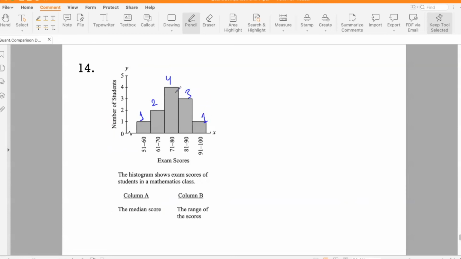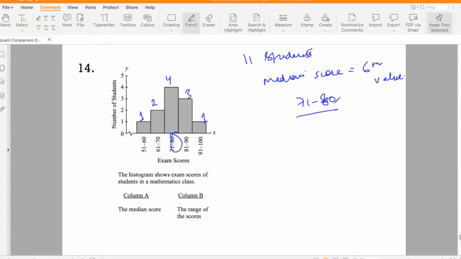So there are a total of 4 and 2, 6 and 1, 7, and 3, 10 and 1, 11 students, right? So the median score will be the sixth value, right? Which means that 1 plus 2, 3. So the median score will be in the range 71 to 80, right? That will be the median score.